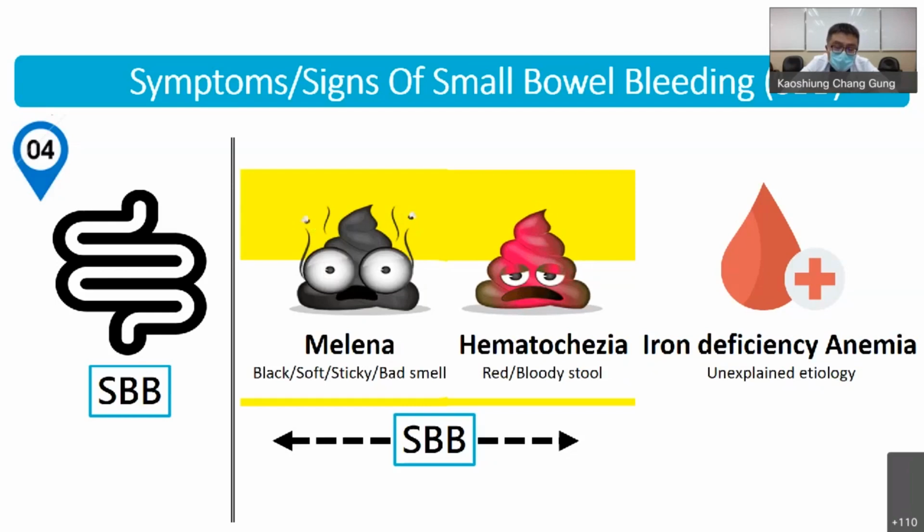So patients will be referred to our clinic by a hematologist because of unexplained IDA. Especially for male patients, if patients have unexplained IDA, we always think that patients have obscure GI bleeding and need to exclude GI tract malignancy first.